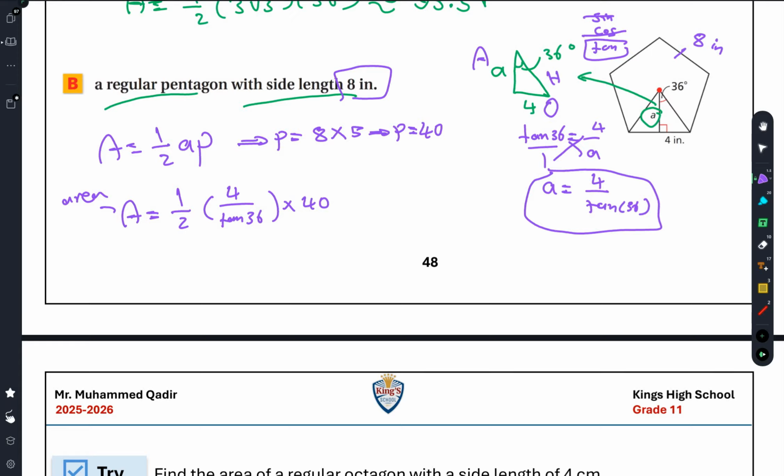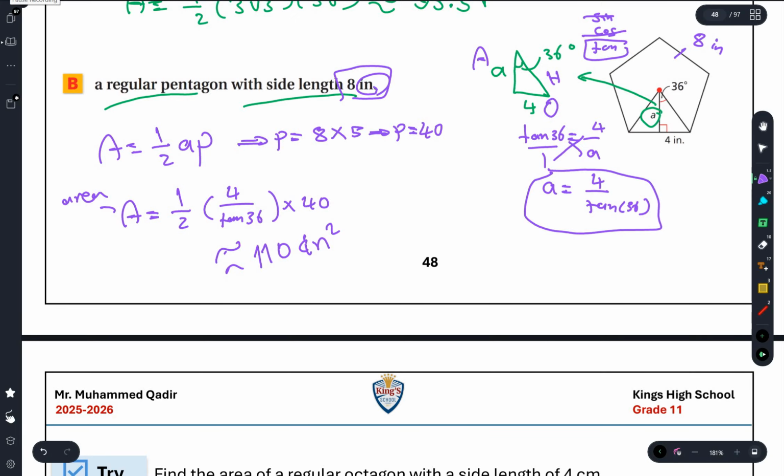So let's write all of this in the calculator: 0.5 times, you need to put brackets, 4 divided by tan 36, or you can first find 4 divided by tan 36, then substitute here, then all of it times 40. When you find the answer, it equals approximately 110. Approximately area equals 110 inch power 2, because it's given in inch, so we must write inch power 2.